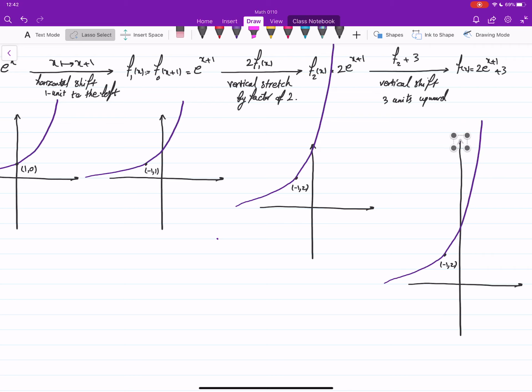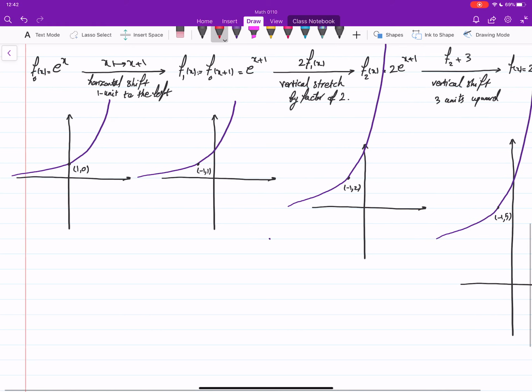Now I'm shifting this guy 3 units up. This is 1 unit, 2 units, and 3 units. Almost there. And as you can see, this time our point here will be (negative 1, 5) because we are shifting everything up.